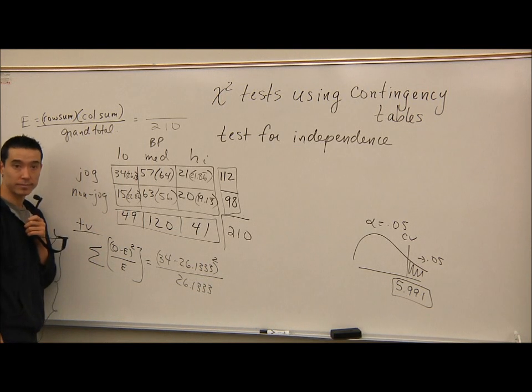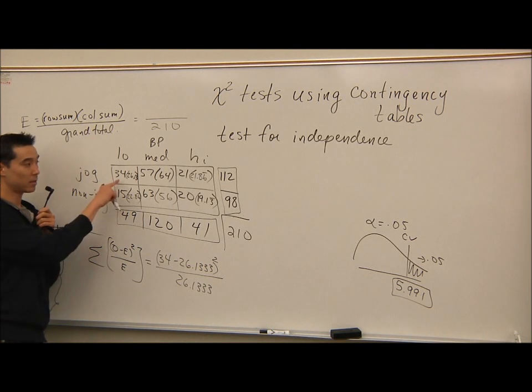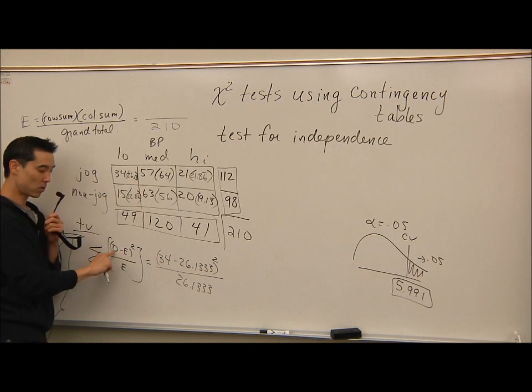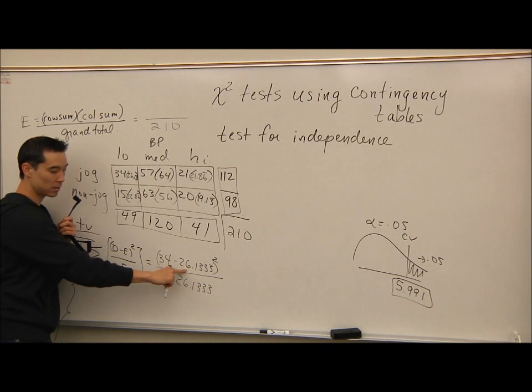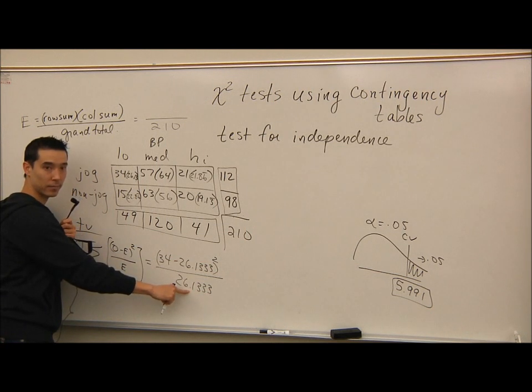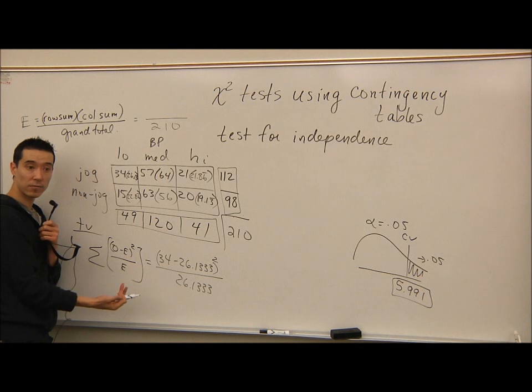That's my first one. Is everybody with me on that? The observed was 34, the expected was 26.13 repeated. So I have O minus E squared over E. So O is 34, E is this, squared over E. It's the same test value formula we did last week with the goodness of fits.